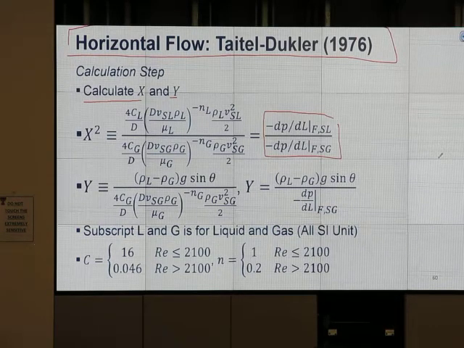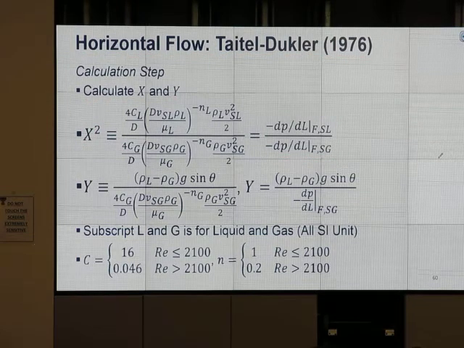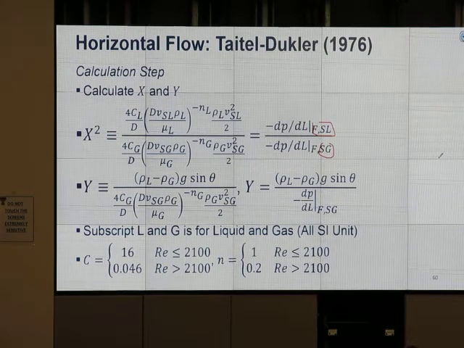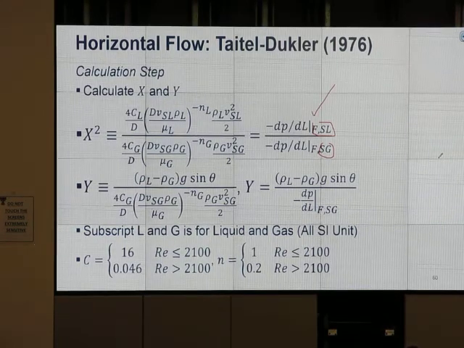X squared is defined as the ratio of frictional pressure loss based on superficial liquid velocity, dP/dL sub FSL, and dP/dL sub FSG. So it's a ratio. If X squared is high, this means we have a lot of liquid.